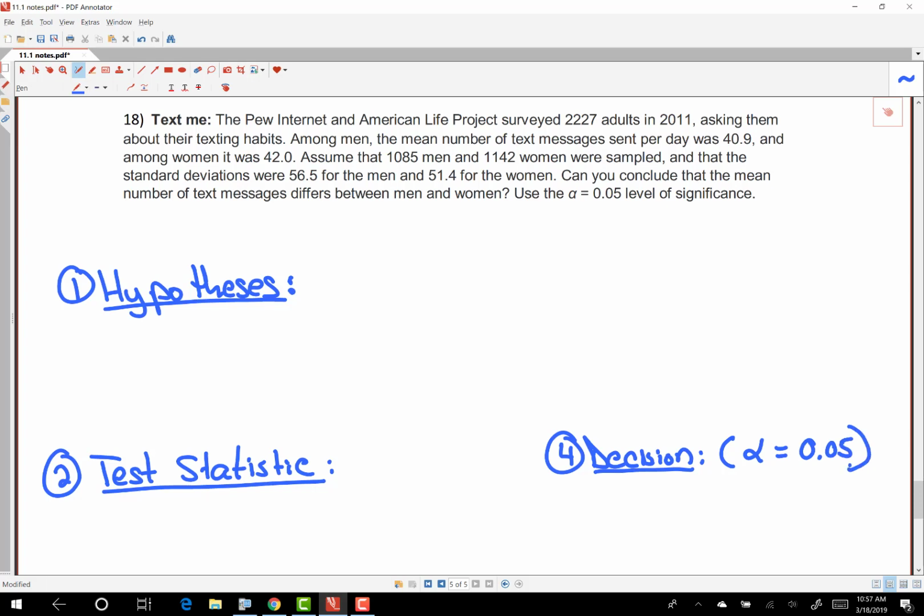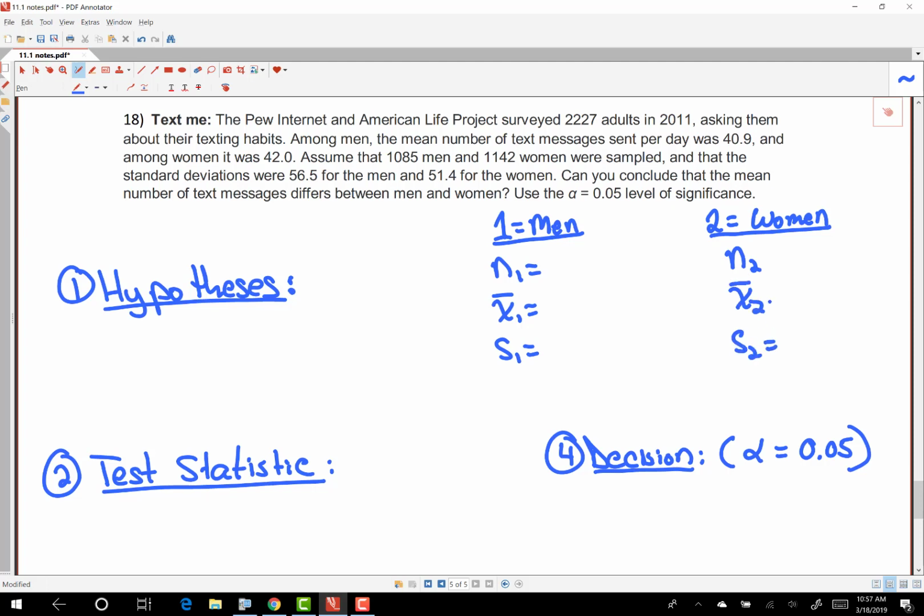Okay. So they talk about the men first, so I'm going to let that be group 1, but you could certainly flip that around if you wanted to. And we're going to let group 2 be the women. And then let's summarize. We are going to need N1, X bar 1, and S1. And we're also going to need N2, X bar 2, and S2. Okay, so 1,085 men were sampled. 1,142 women.